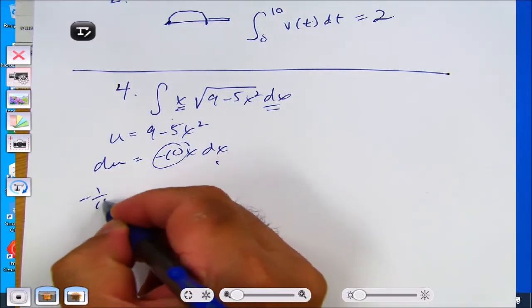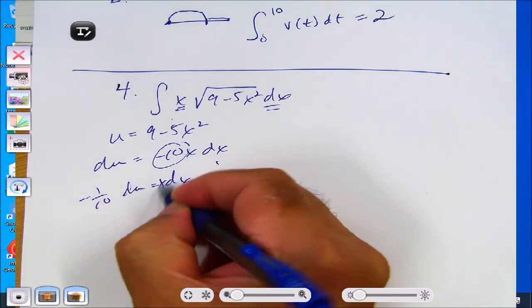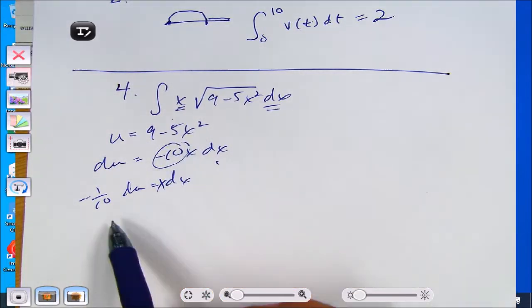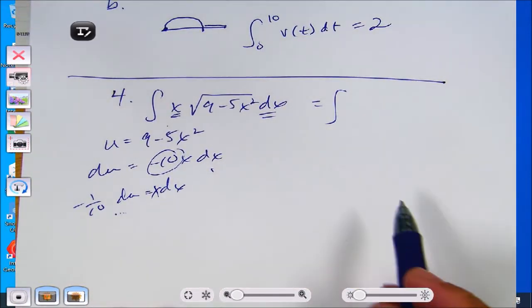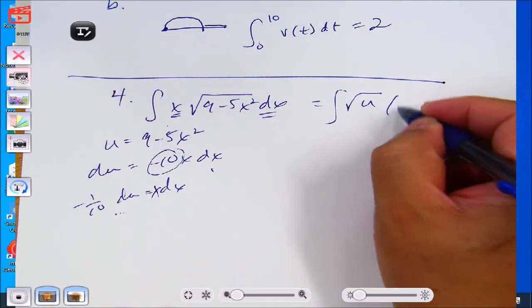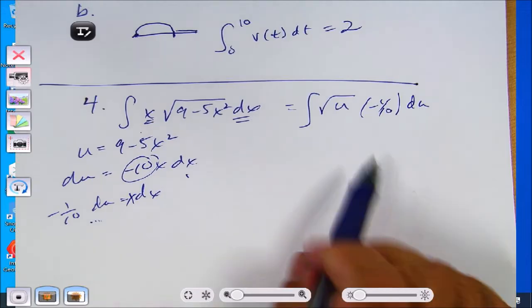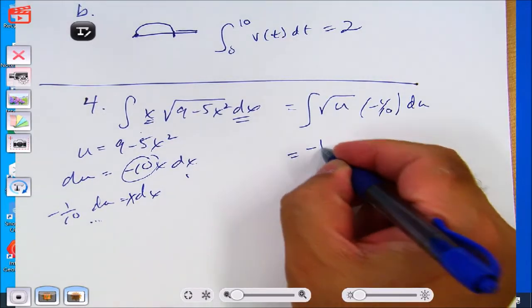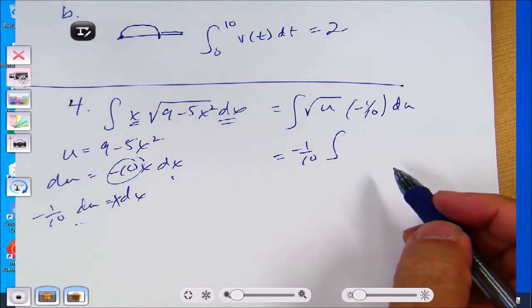So that's going to be negative 1/10 du equals x dx. So I'm going to replace the x dx with negative 1/10 du. So now I'm doing my substitution. So it's square root of u and negative 1/10 du. Because that's just a number, it can pop out.